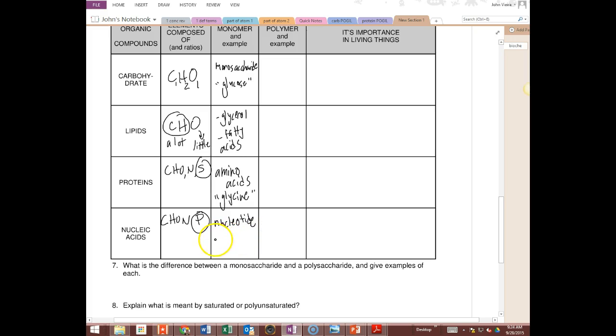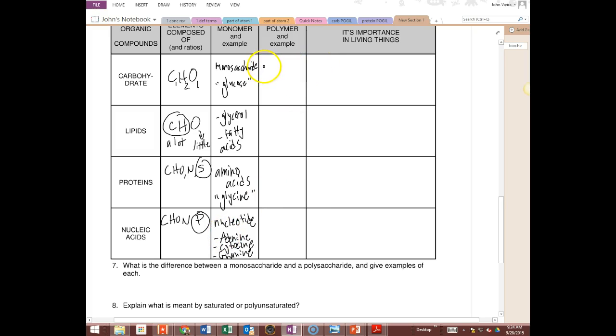An example of one is one that contains adenine as its nitrogen base. You have one that has cytosine. Okay, you have another one that has guanine. And there's others as well. These are examples of different types of nucleotides. They contain different nitrogenous bases attached to them.